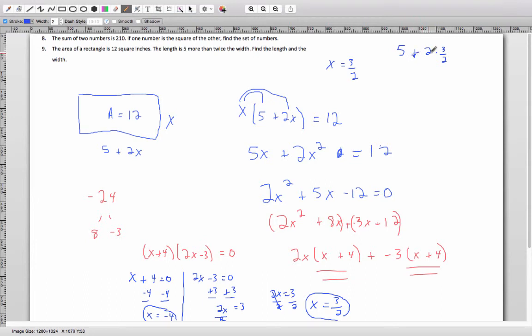All I did was plug it into the 5 plus 2x. Multiply this out: that's 6 over 2, which is 3. So it's really just 5 plus 3, which is 8. So my dimensions are 3 over 2 and 8. And that's a bad circle there. So anyway, that's it.